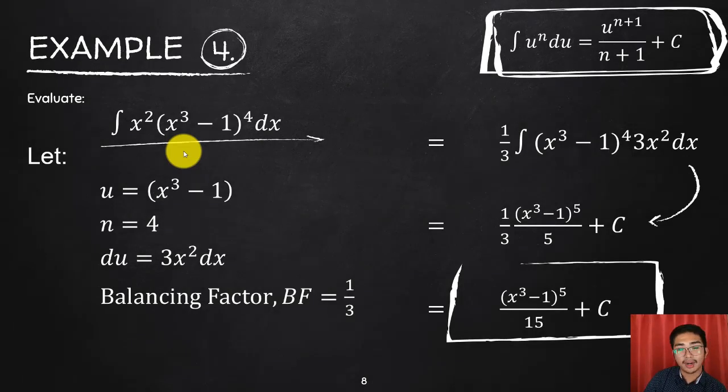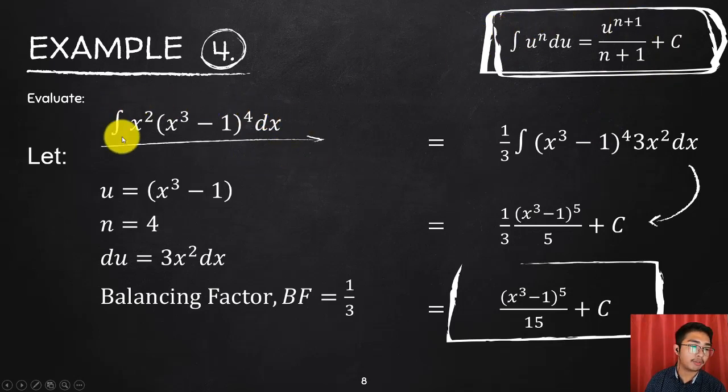For example number 4, now this one is a bit different, okay? Because there are now a lot of terms. So we are to integrate x squared quantity x cubed minus 1 closed quantity raised to 4. Okay? So how do you proceed in using the power formula?